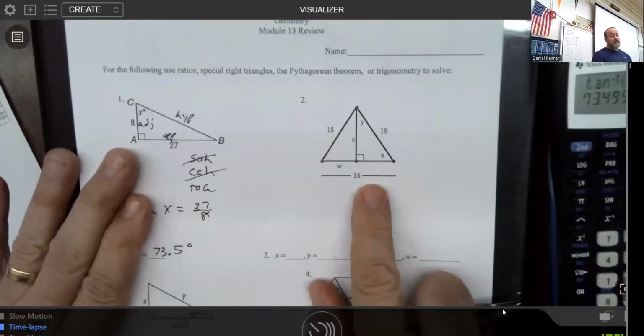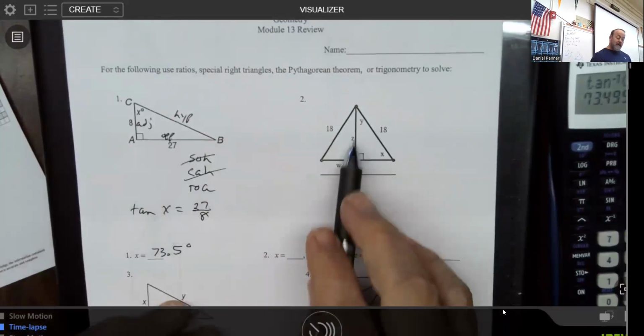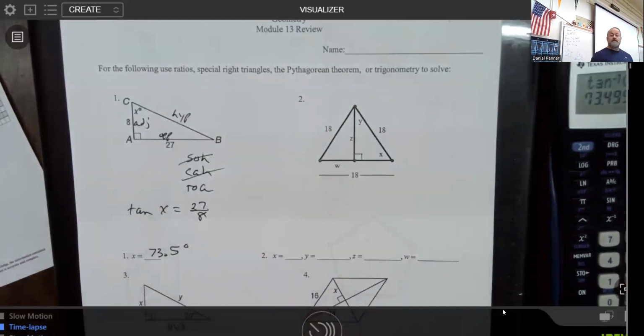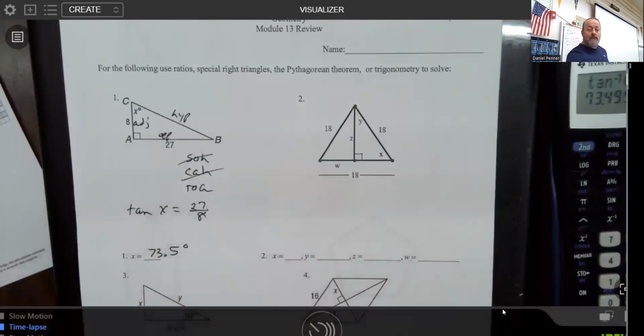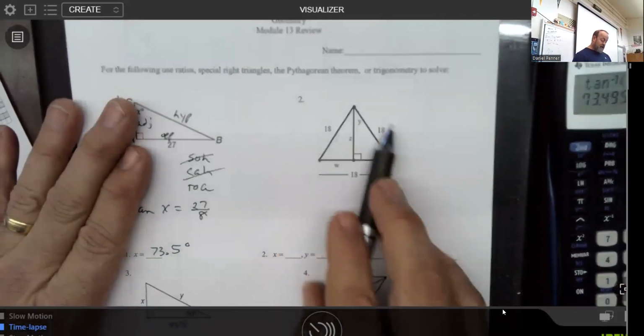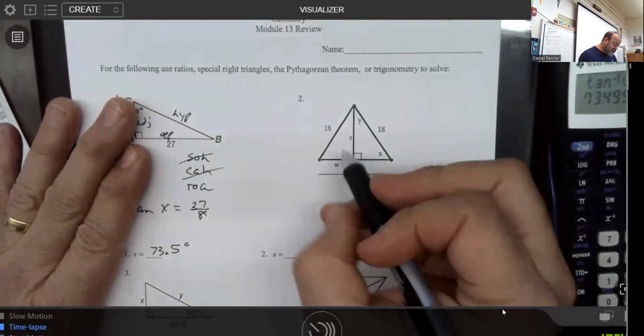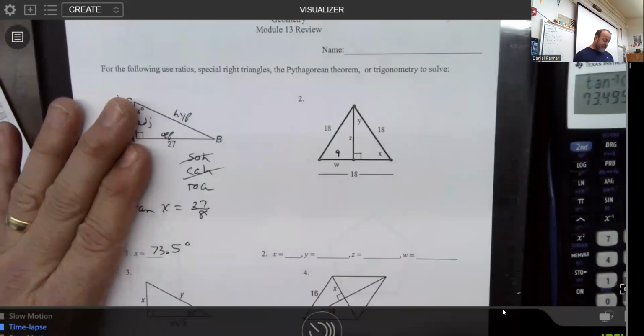Now, again, I could potentially use regular trigonometry because I'm looking for some sides and angles, but this is a special case because remember, if you have an equilateral triangle, all of these are 18. As soon as you drop this altitude in, that makes this side right here a 9.